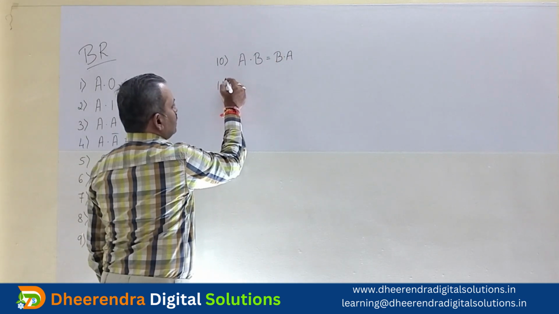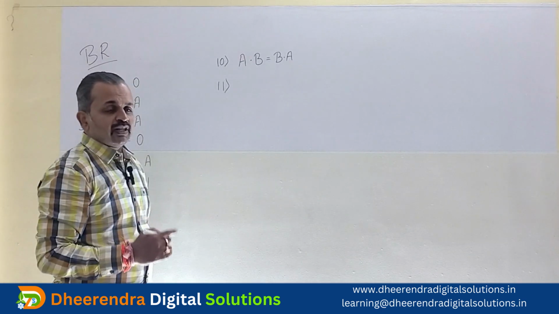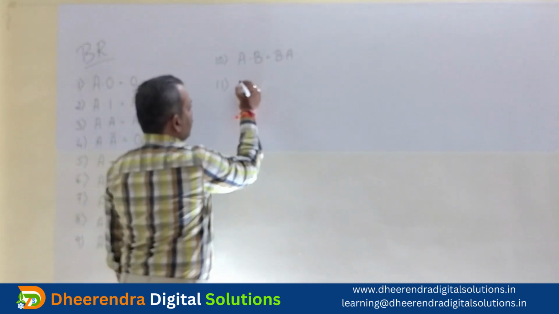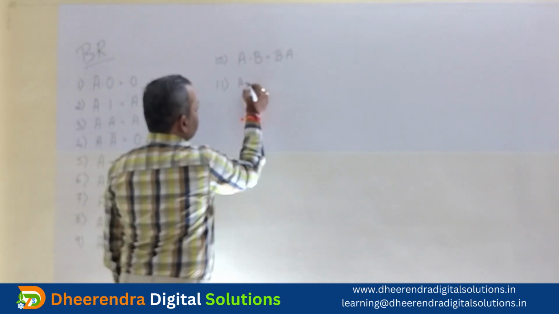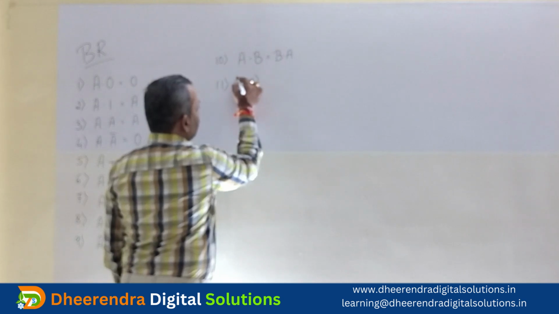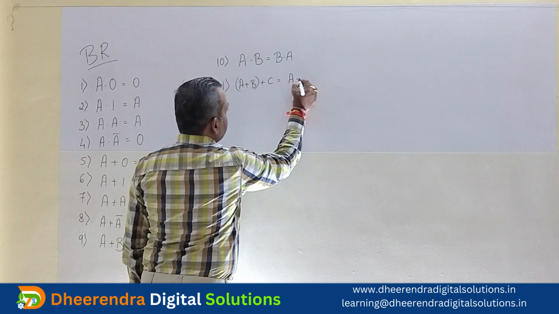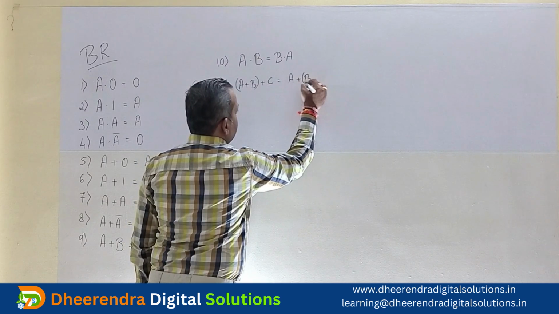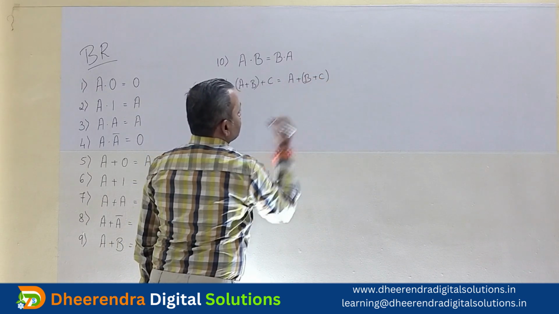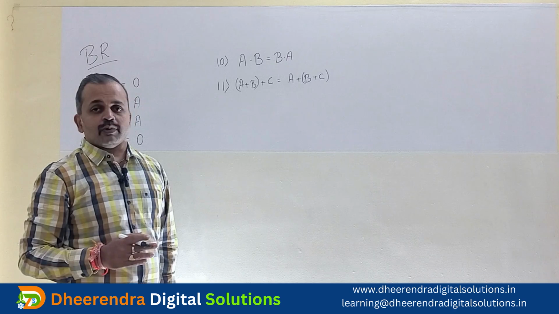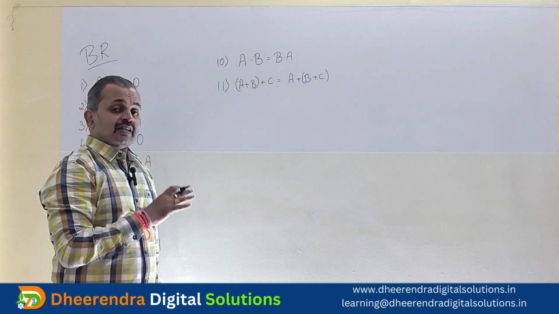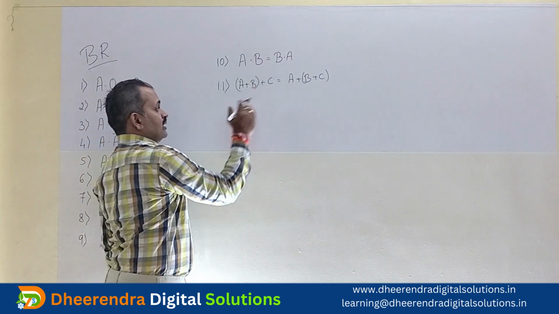Rule number 11, which is going to be the associative property. When we say associative property, A plus B plus C is equal to A plus B plus C, grouped either way. This is the associative property, and it is applicable in terms of OR gate.